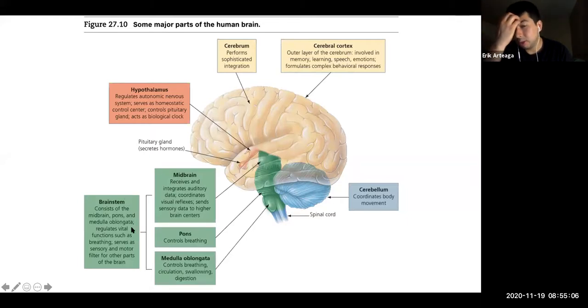And it's interesting because there have been a couple of studies where they've removed the higher level brain function. So they removed the cerebral cortex. I don't know, this is an interesting study, but what they did was remove the cerebrum and the cerebral cortex of a female cat.